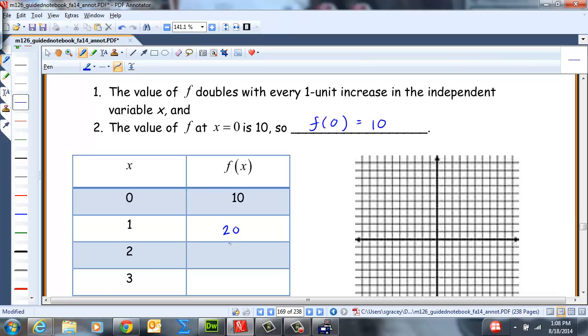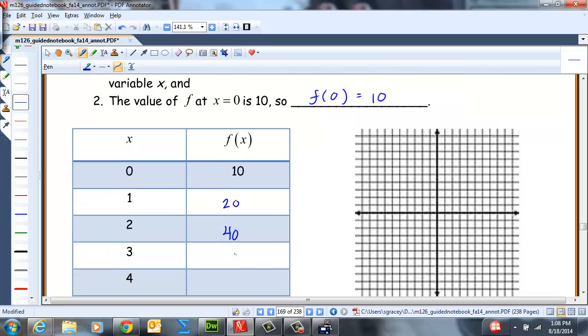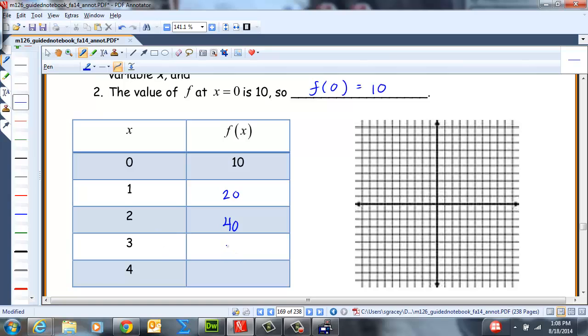F at 2 will be double 20, which is 40. And f at 3, you double this result, which would give us 80. And then doubling again, we would get 160. So let's check out what a graph of this would look like.